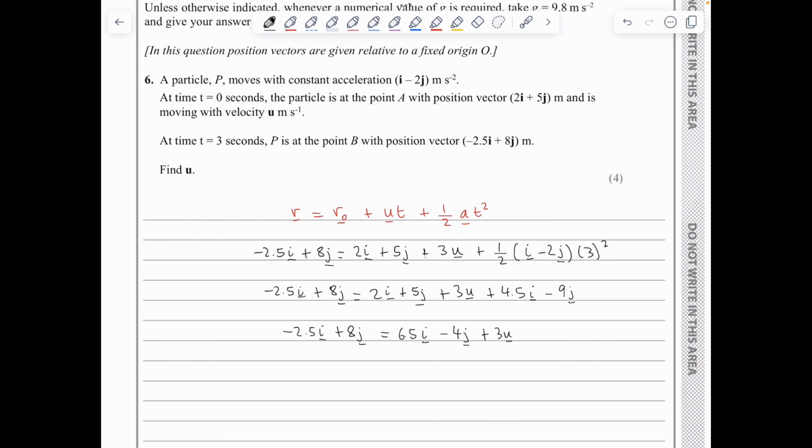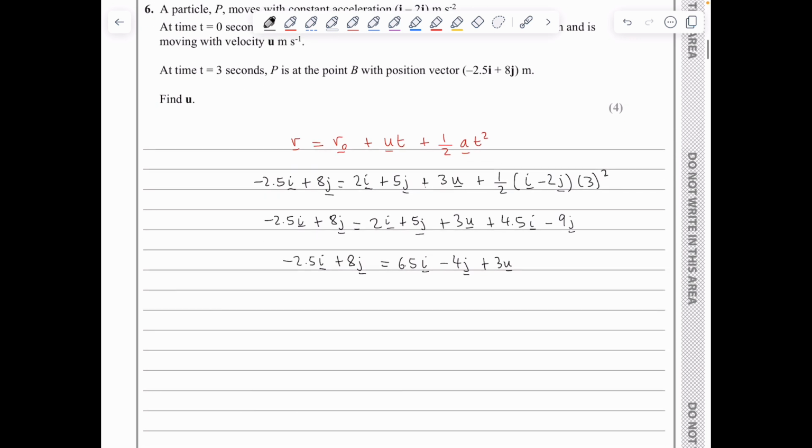I will collect the i's and the j's on the left hand side, leading to minus 9i plus 12j is equal to 3u. So dividing throughout by 3 takes me to minus 3i plus 4j, that's meters per second, which is the initial velocity u.